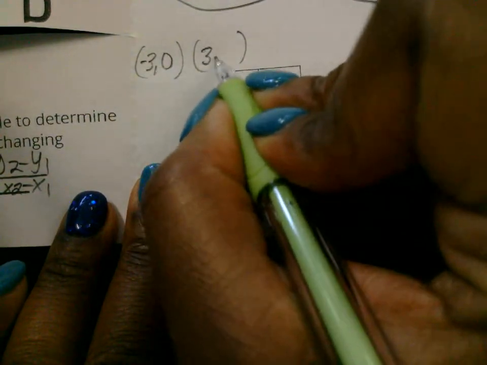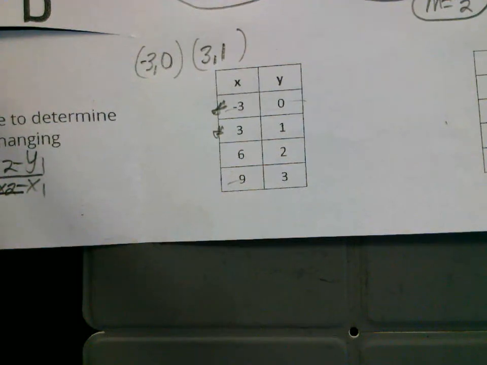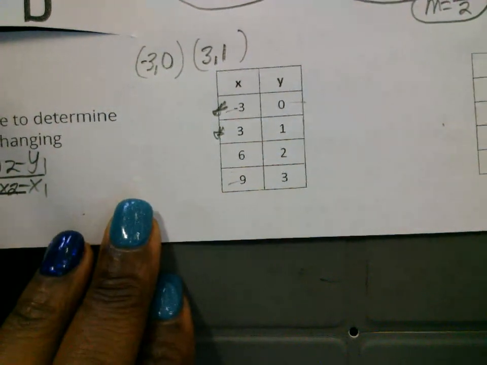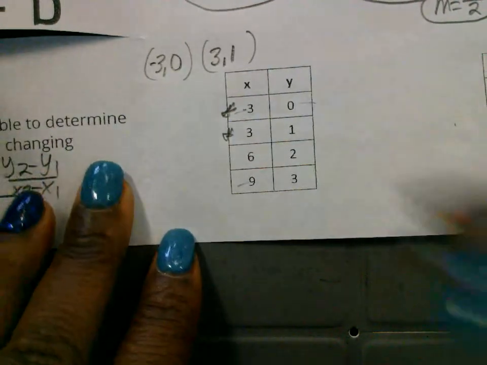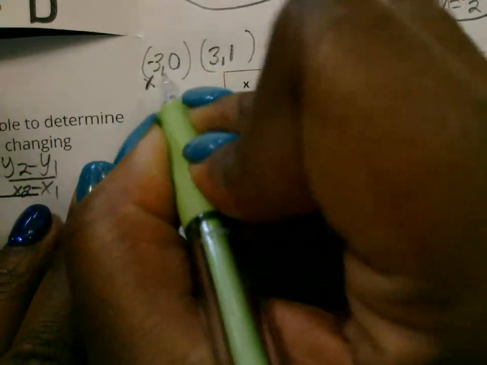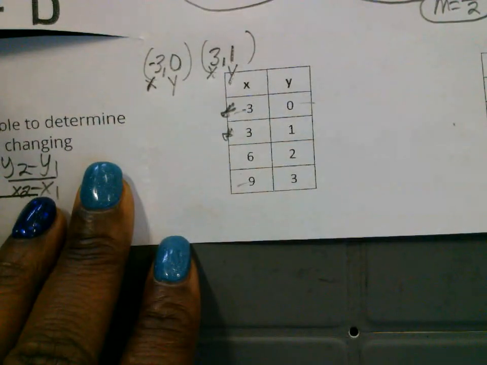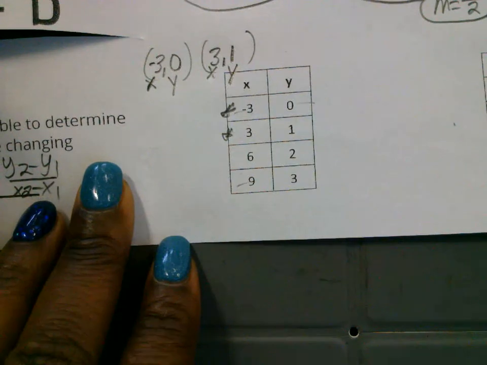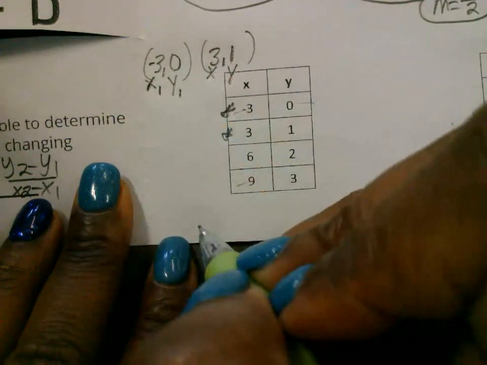So we have this point, -3, 0, and the second point, 0, 1. You only need 2 points. Now we're going to label. This is x coordinate, y coordinate, x coordinate, y coordinate. This is my first point, so I'm going to label it x1, y1.